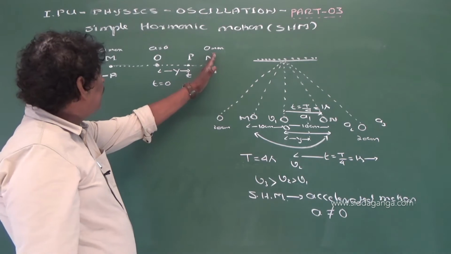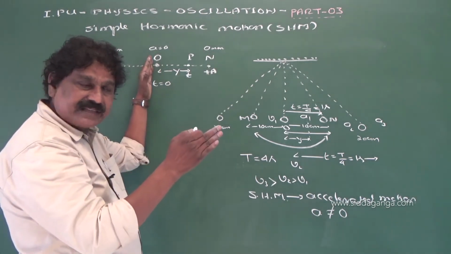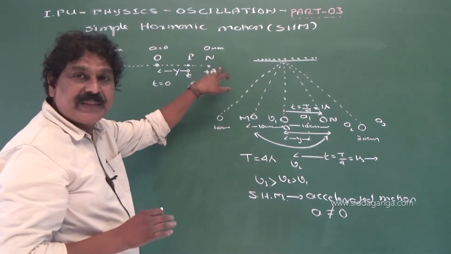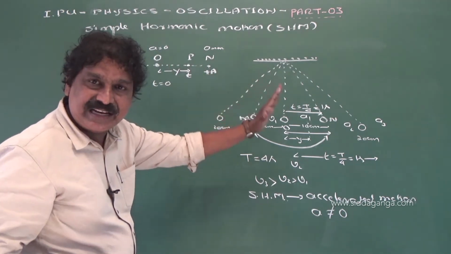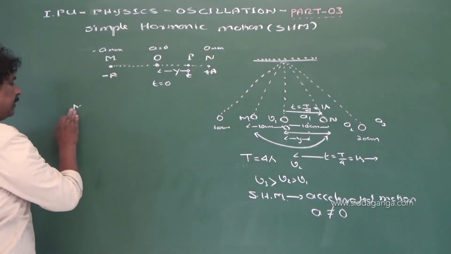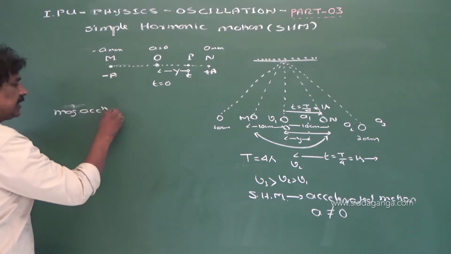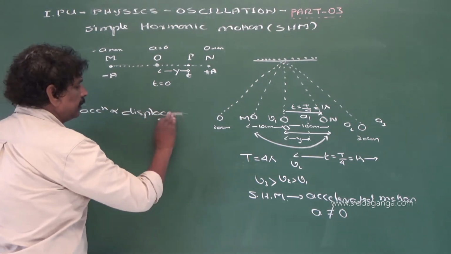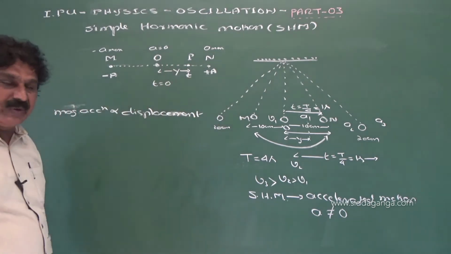So from N to A, displacement decreases, acceleration decreases. From A to N, displacement increases, acceleration increases. That means the magnitude of acceleration is directly proportional to displacement from the mean position.